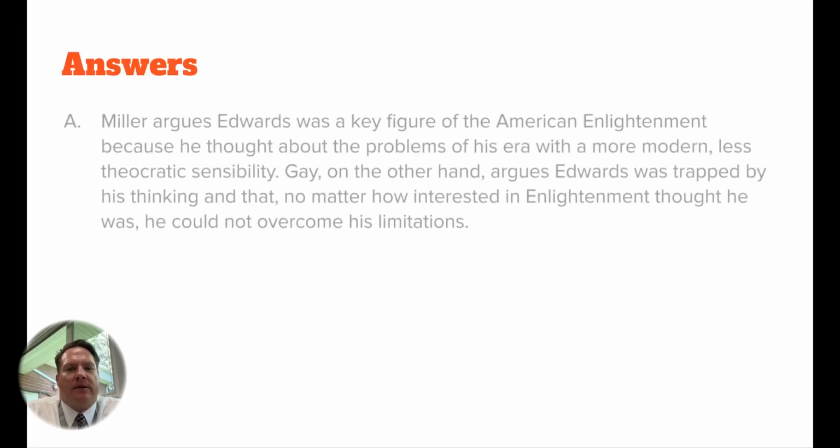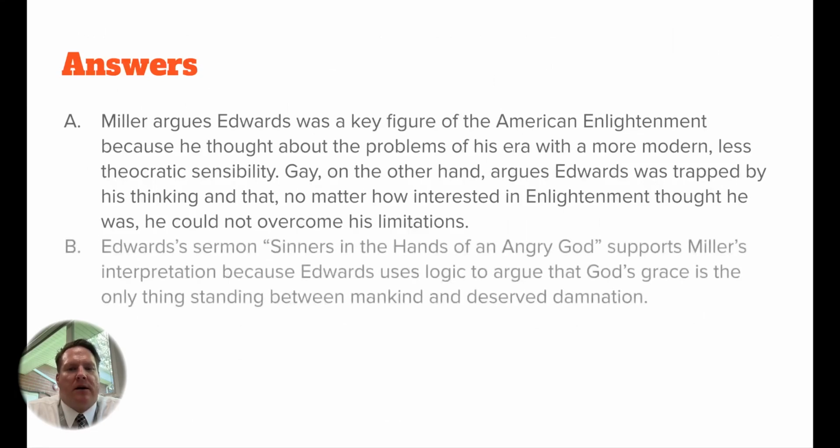So, right, here are my answers to each of those parts. Miller argues Edwards was a key figure of the American Enlightenment because he thought about the problems of his era with a more modern, less theocratic sensibility. Gay, on the other hand, argues Edwards was trapped by his thinking and that no matter how interested in Enlightenment thought he was, he could not overcome his limitations. Right?